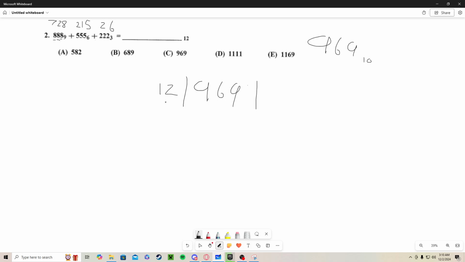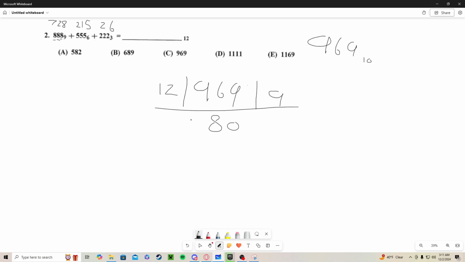So if we did 12 times 80 for example, we get 960, leaving us over with a 9. We're trying to find the number that's closest to 969, but not over that number. In this case, it would be 960. So now we get a remainder of 9.